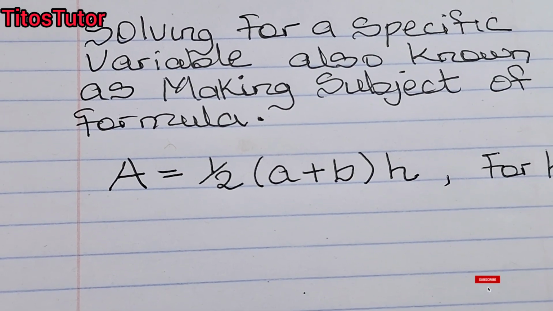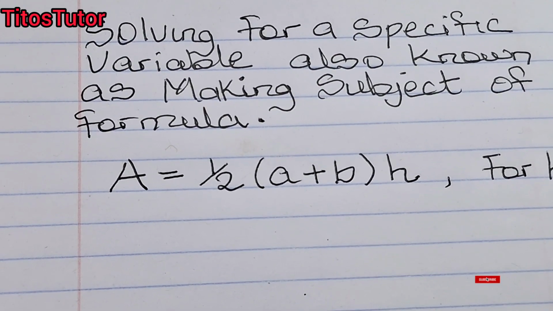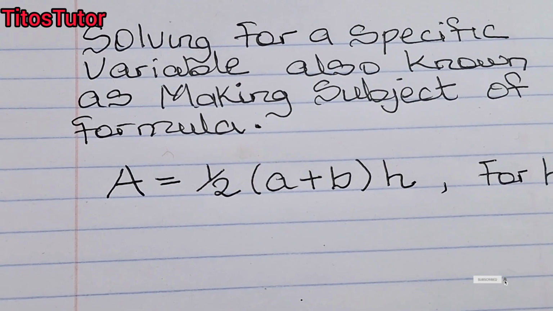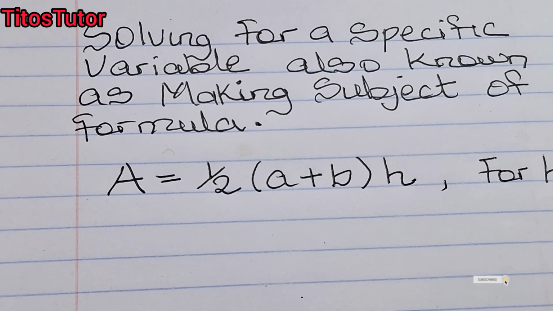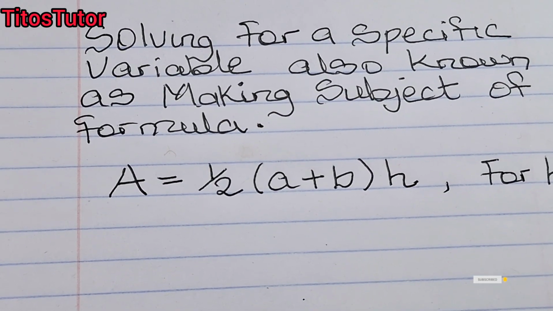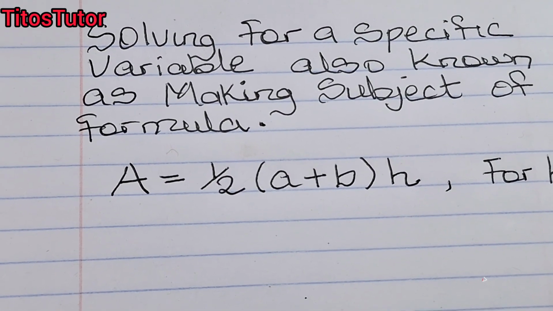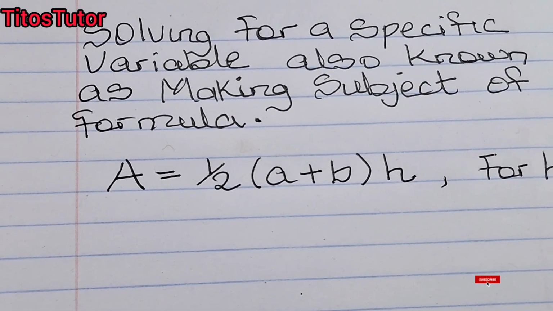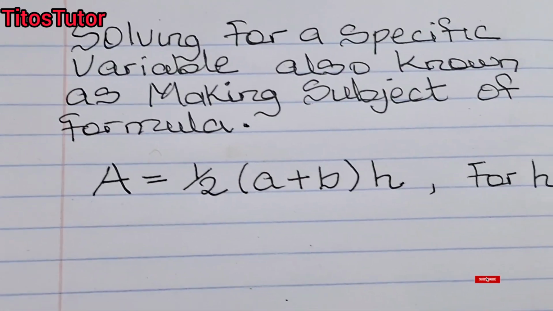It's possible, either a or b. So it's important to know how to solve for a specific variable so you can use that same formula, manipulate it, and get a formula for the variable you are looking for. So that's what this video is about. Let's dig into it.